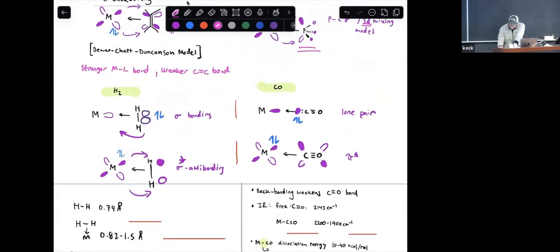Other important back bonding interactions to have some familiarity with include molecules like C-H bonds or H2. H2 is a little bit simpler, but the situation extends to interactions with C-C bonds as well. And so these are called sigma complexes.